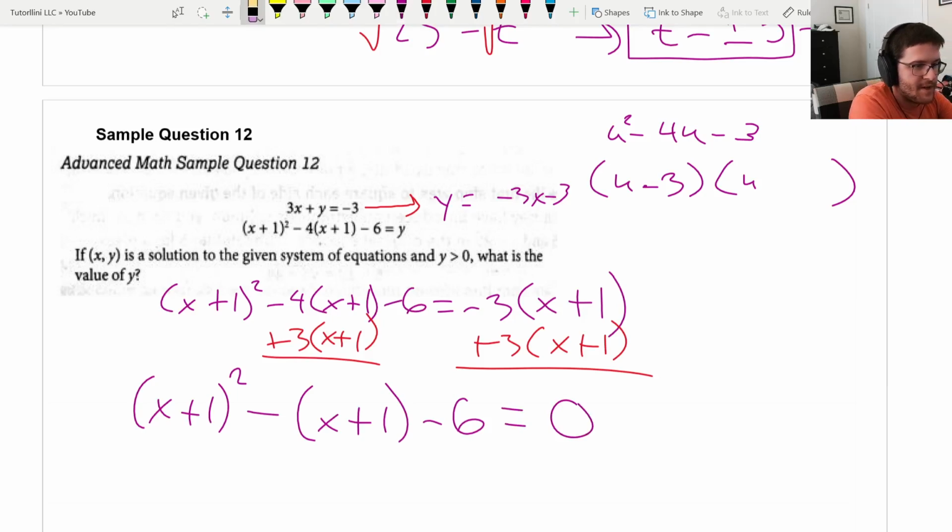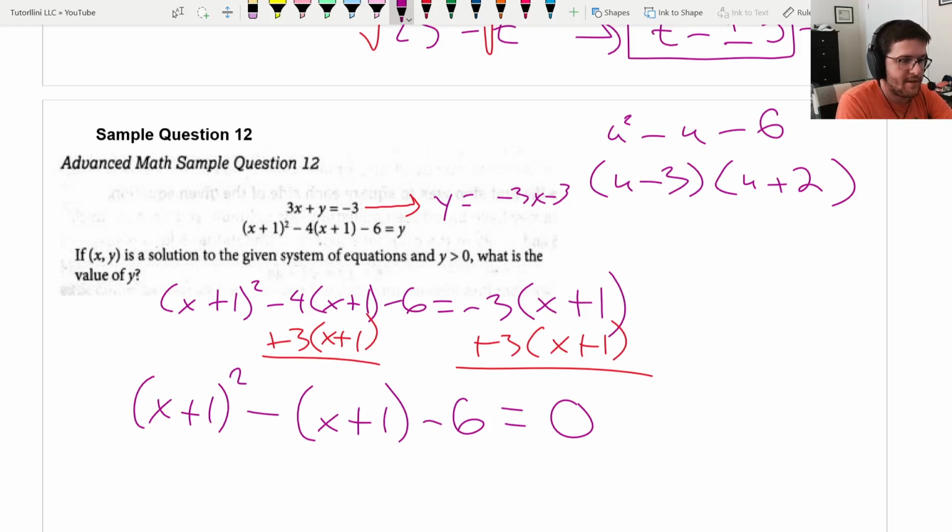Now we can come over here and make our little mental substitution. U squared minus u minus 6. And that should be negative 3 and positive 2. So negative 3 plus 2 gives you negative 1. Negative 3 times 2 gives you negative 6. Good.